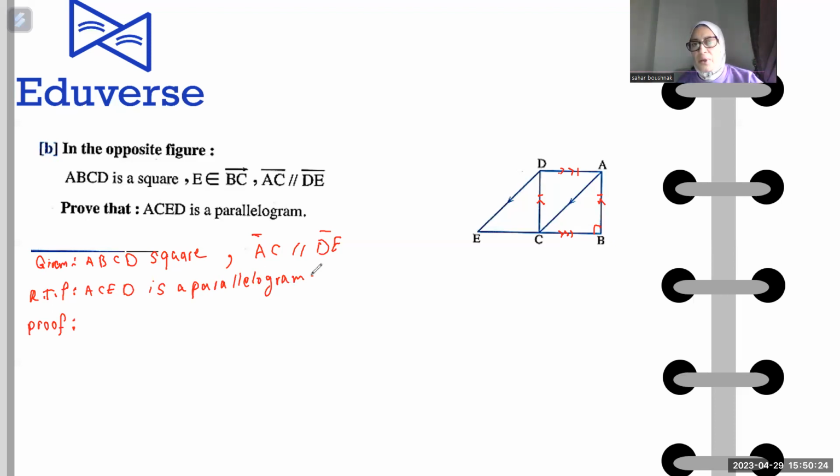Great. Since ABCD is a square, then DA is parallel to CB.